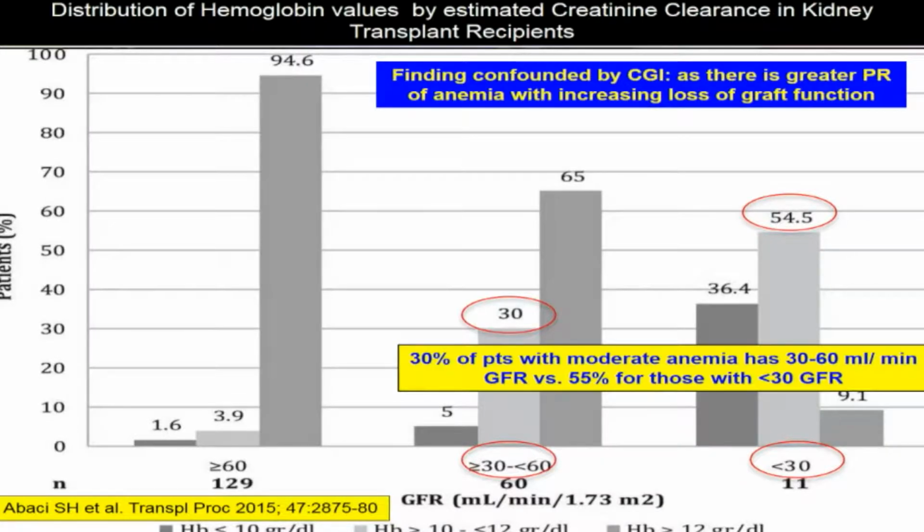This finding, however, is confounded by chronic graft loss, as there is a greater prevalence of anemia with increasing loss of graft function. 30% of patients with moderate anemia had a GFR of 30 to 60 cc per minute, compared to 55% of those with a GFR less than 30. Similarly, 5% of patients with severe anemia had a GFR of around 30 to 60, compared to 36.4% of those with severe loss of GFR.